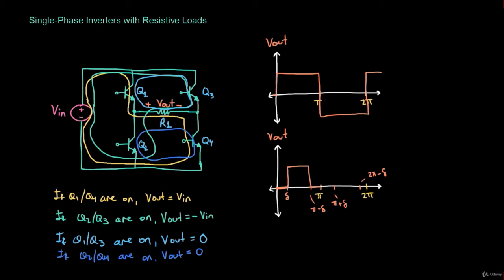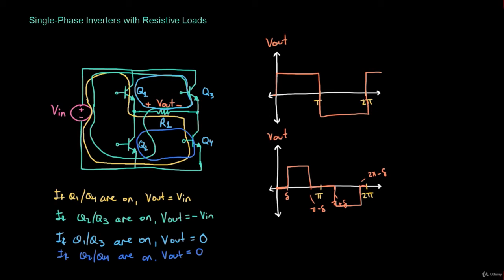And then we're actually going to alternate from pi until pi plus delta. We're going to switch the bottom 2 transistors on. So the output voltage is still going to be 0, but we're achieving that by switching now the bottom 2 transistors. And then after that, we're going to switch Q2 and Q3 on. So it's going to be minus Vin. And then we're going to do again Q2 and Q4 on.